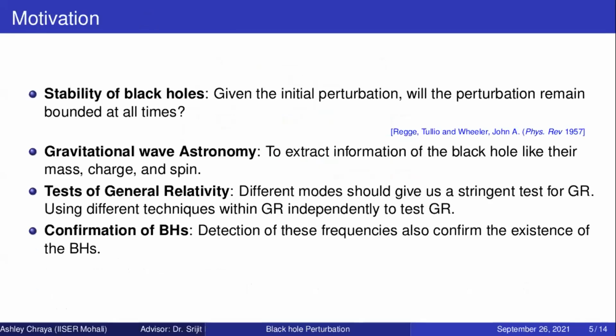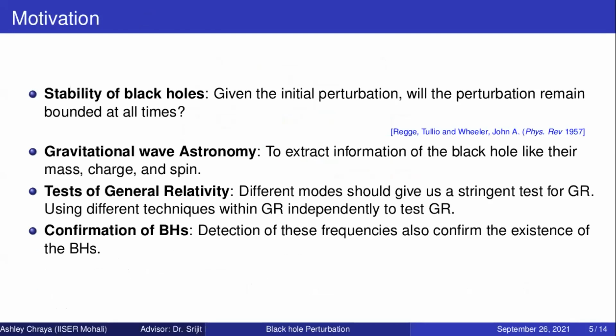So why are we studying the ring down phase? The first motivation is that by the ring down phase, we can get a lot of information about black holes. First is that we can show whether the black hole is a stable black hole or not. It is just like a question: if we have a car at the top of a hill and we push it, will it go down?